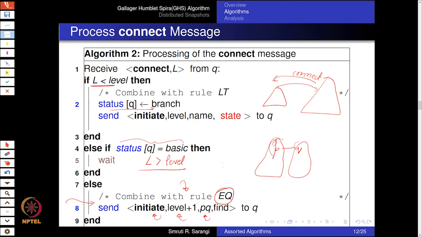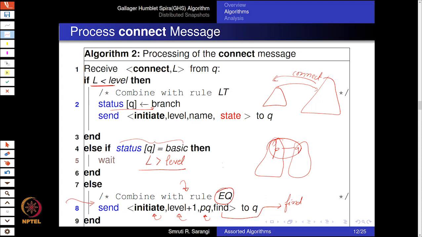And so the name of the edge is PQ. And furthermore, given that we have joined, our new state should be equal to find. Find basically because now we have become a bigger fragment, so we further need to expand our fragment, which means that we need to find our least weight outgoing edge and grow. So your state is find as well as my state also has to become find.